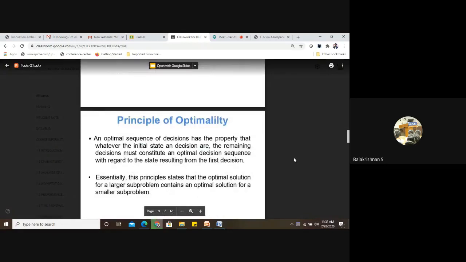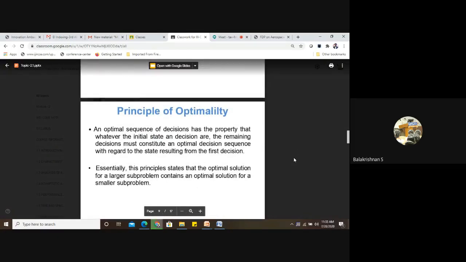Another important thing is the principle of optimality. As per the dynamic programming concept, we are getting the optimal value or optimal solution. What is the meaning of the principle of optimality? An optimal sequence of decisions has the property that whatever the initial state and decision are, the remaining decisions must constitute an optimal decision sequence with regard to the state resulting from the first decision.